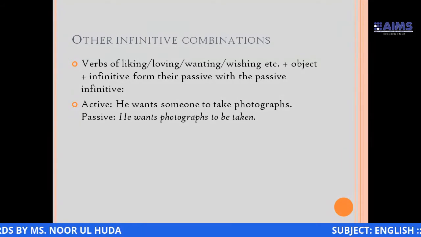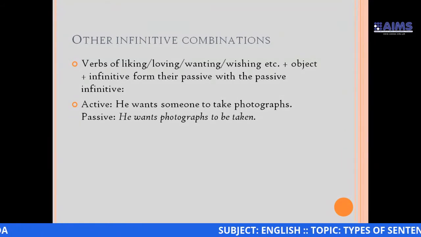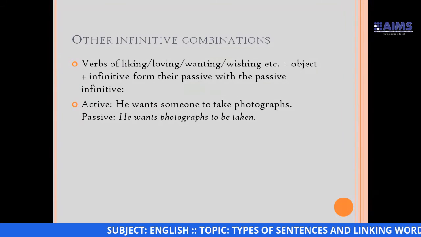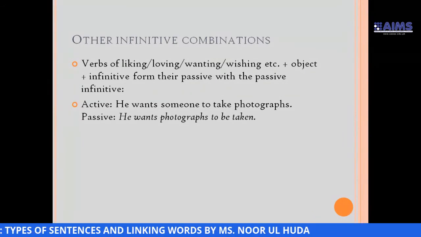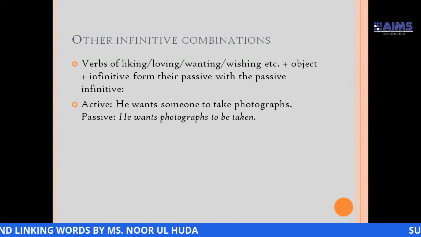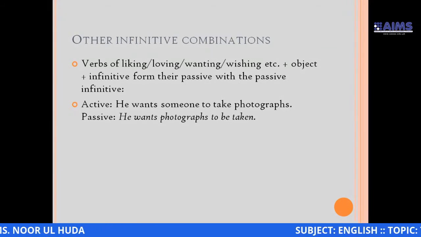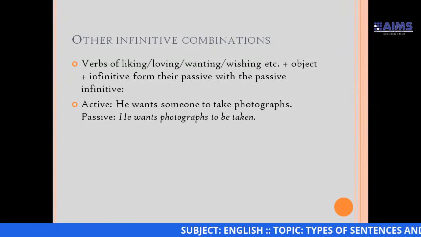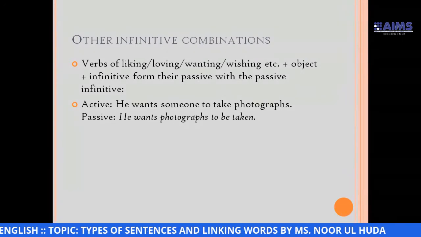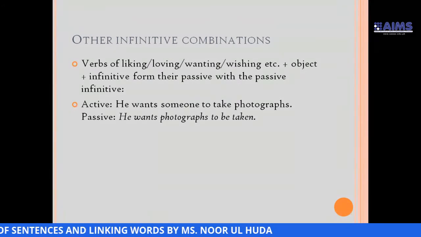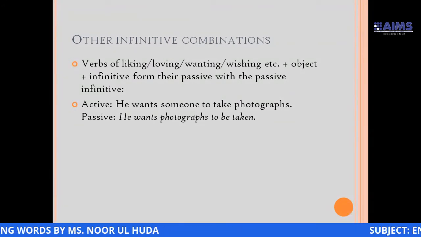Now how do we make the passive structure of such type of sentences? So we use the passive infinitive, be taken. Now be and third form of the verb. 'He wants' would remain the same. 'Photographs' would be the object. 'He wants photographs to be taken.' 'He wants food to be delivered.'